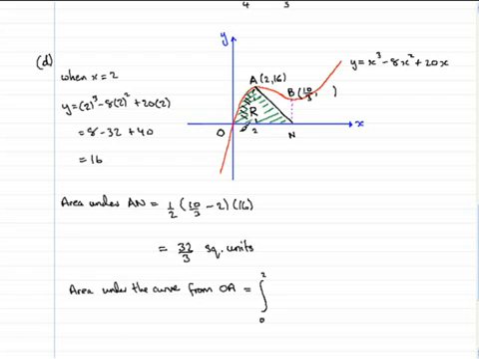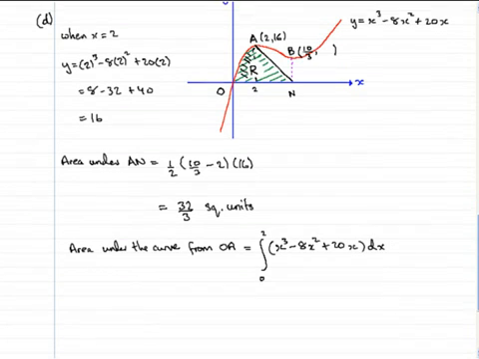Let me mark it in, 0 to 2, of the curve, which as you know is x cubed minus 8x squared plus 20x. Several terms here, so put that in brackets and integrate with respect to x. Equals.